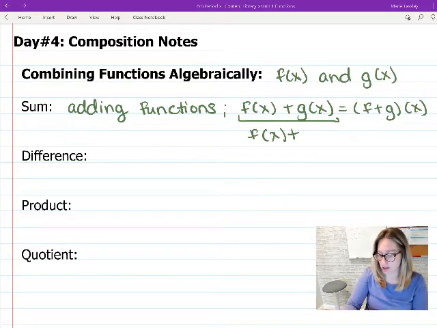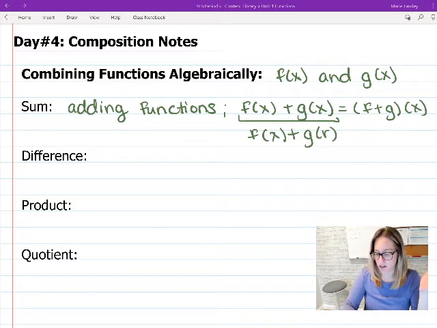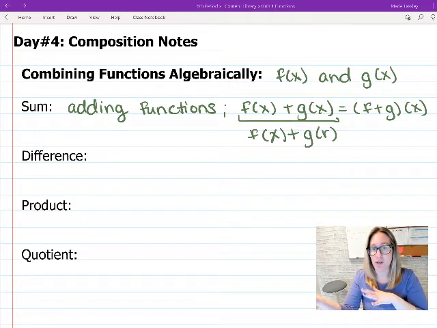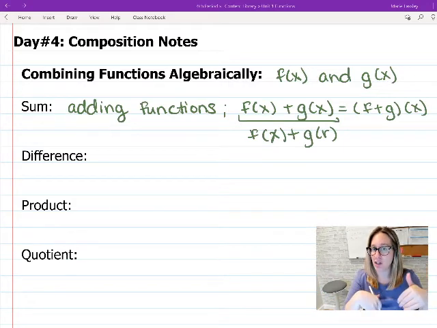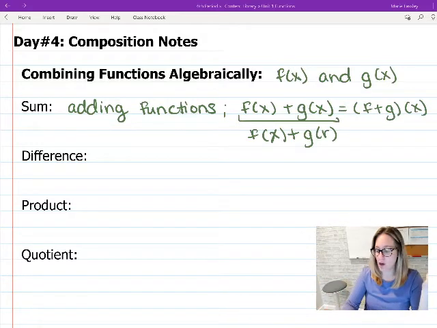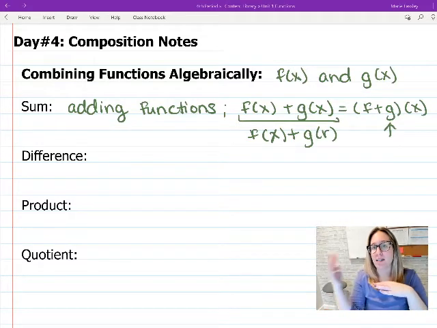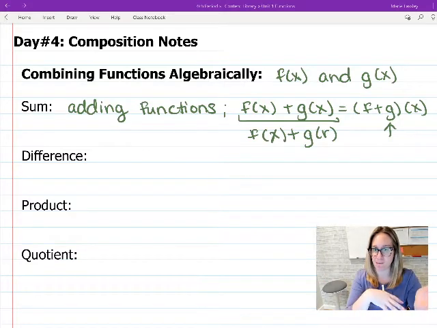You could do f of x plus g of r. So the first option allows you to use different variables in each function if there were an instance where you would need to. Whereas that second option assumes you're using the same variable for both functions.